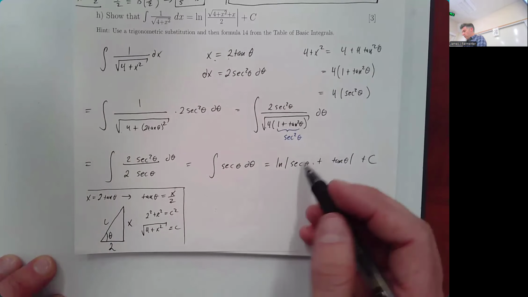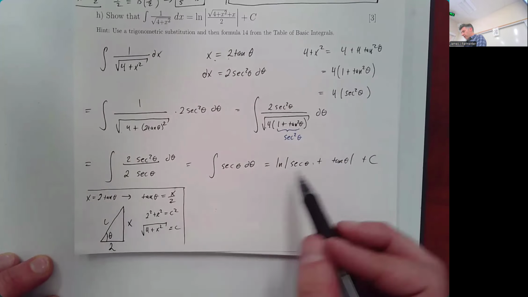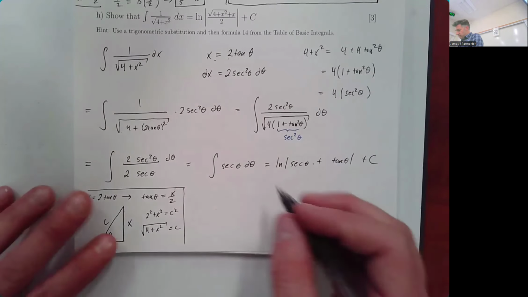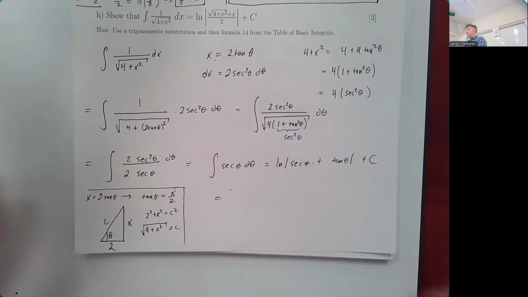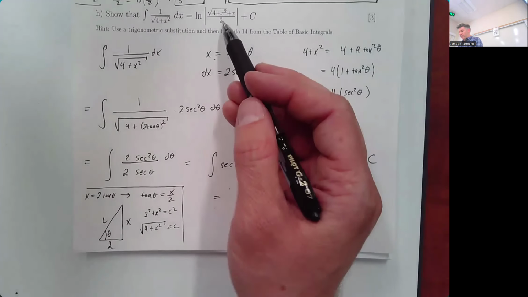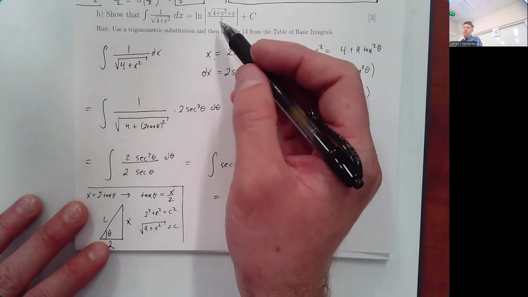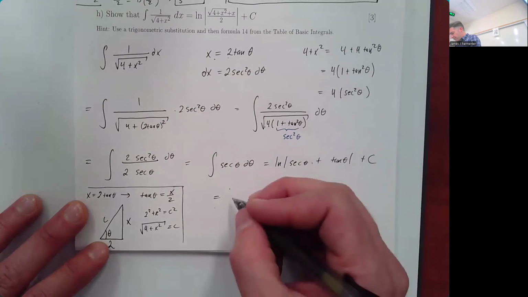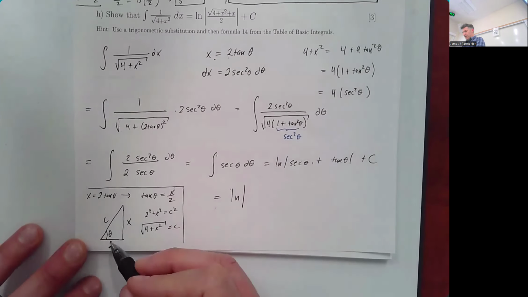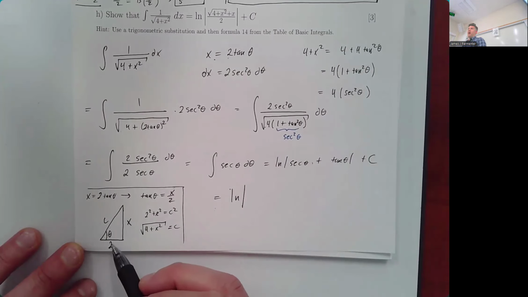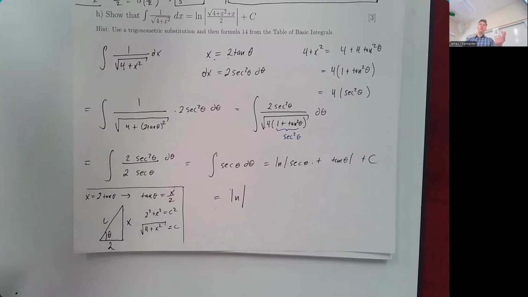And then we use this triangle to figure out what these two things are. So here's what you could do really if you wanted to. You kind of cheat and see like, well, I know it's supposed to be that. I've drawn the triangle. So I could just write the natural log of all that. But I would say that the secant theta is, well, I don't remember what secant is.